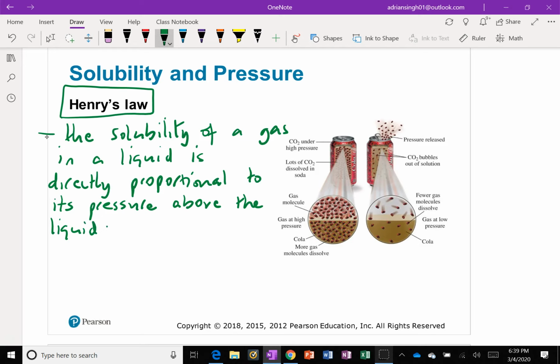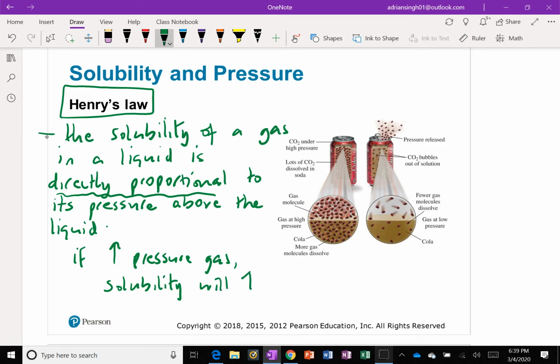So in other words, right, if we say something is directly proportional, that means if we increase the pressure of the gas, the solubility will increase as well. That means we can dissolve more gas in that solution.